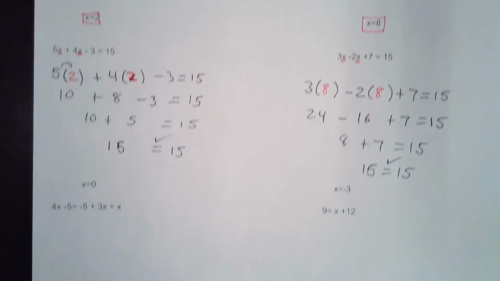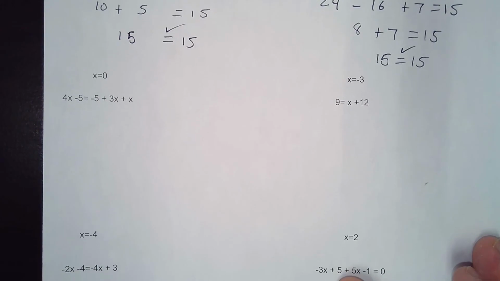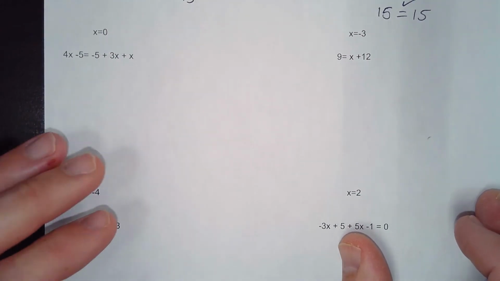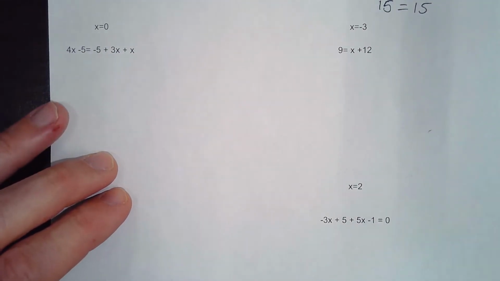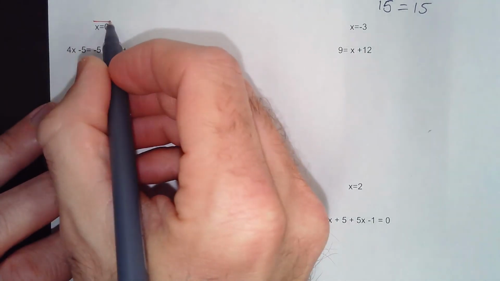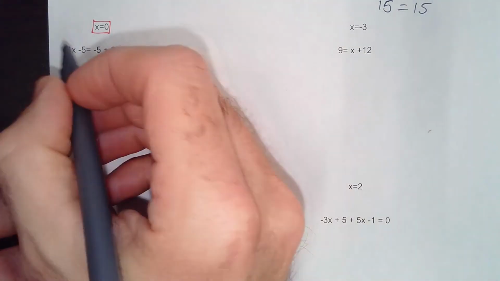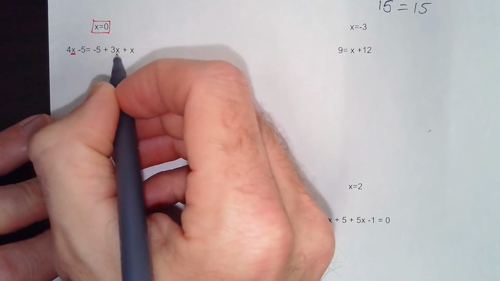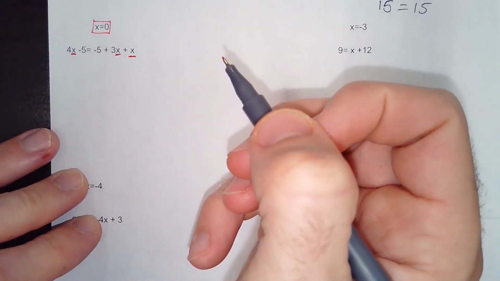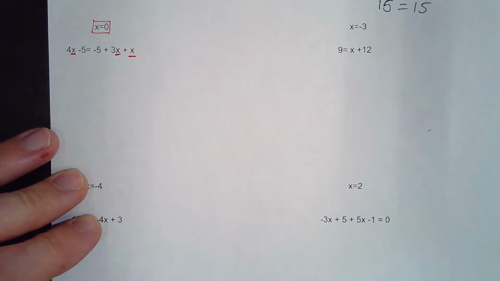All right, let's do a few more here. Usually when you get 0, it's an easy one, so let's try that. x equals 0. Here's an x, x, x. Lots of x's here, but let's do the same thing.